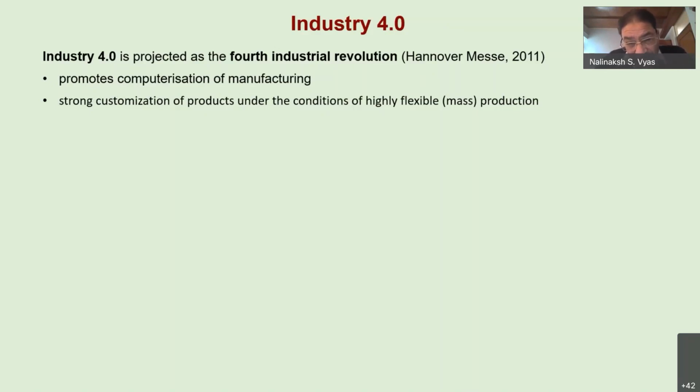It is the integration of all the players who take part in either a production process or any other technology activity. It may be scheduling, it may be mining, it may be water management.